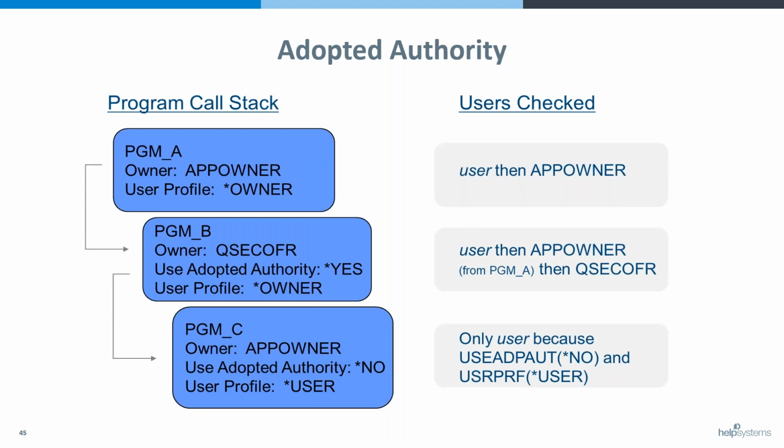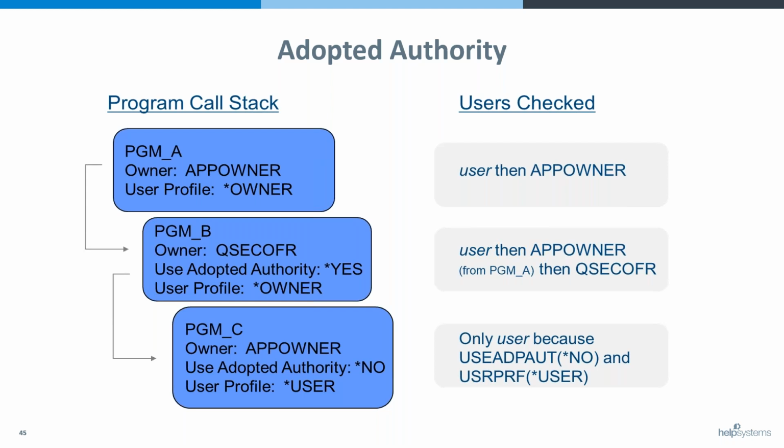Because the use adopted authority attribute is set to yes, it's going to take advantage of the adoption already in place higher in the call stack. So that's coming from program A. And if still insufficient, then we're going to leverage the permissions of this object's owner, in this case QSECOFR, because of the user profile attribute being set to owner. So it's very flexible because you can control these parameters individually.